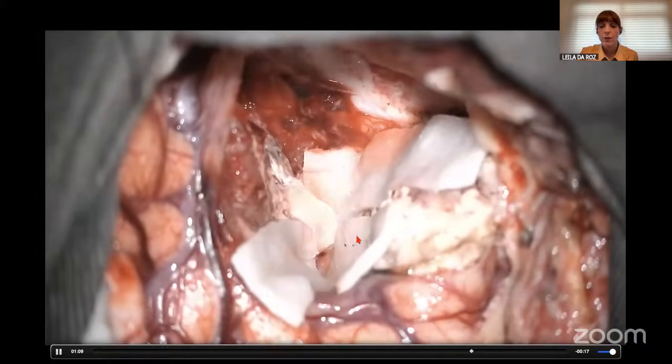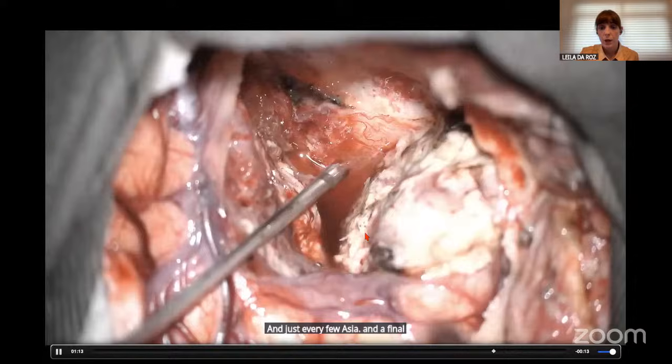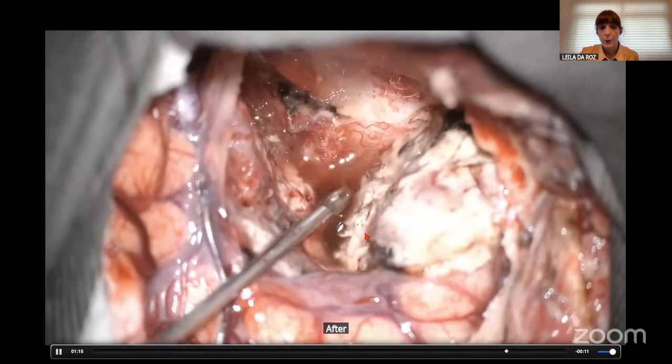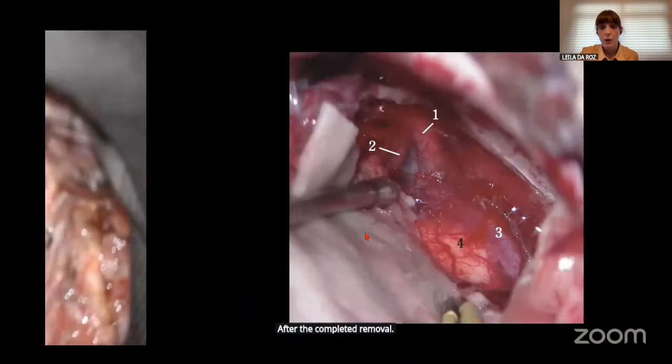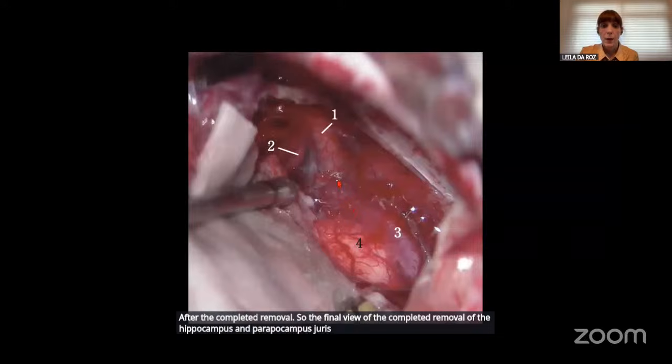And just a review of the hemostasis and the final view after the completed removal. So the final view of the completed removal of the hippocampus and parahippocampal gyrus, we may identify beneath the arachnoid membrane the third nerve, the anterior choroidal artery, the crus cerebri, and the posterior cerebral artery, the segment P2A.